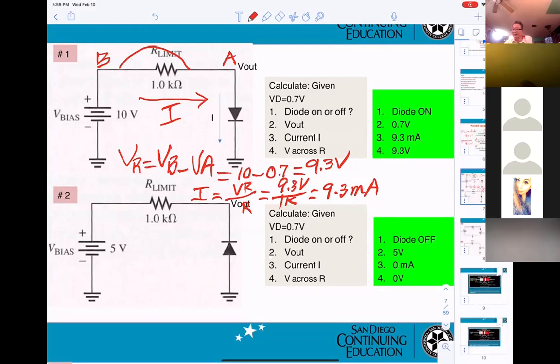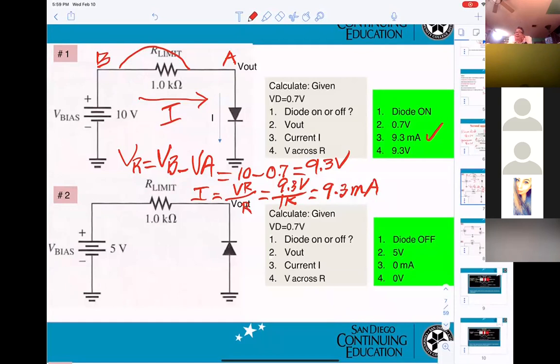9.3, that's what I gave you here. Mr. Pham, I'm wondering if it might be helpful to have a graph of the current versus applied voltage for an ideal diode and a real diode, to help people understand how the current varies with voltage.